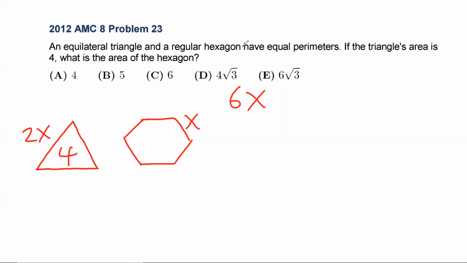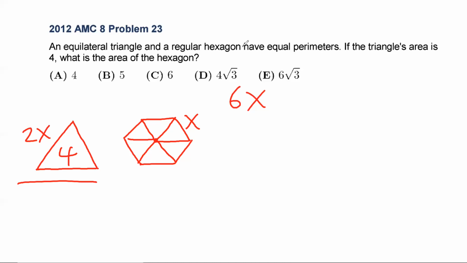So if you try to take apart a hexagon, you'll notice that a hexagon is just 6 smaller equilateral triangles, right? And each of those tinier equilateral triangles has a side length of x, and our triangle here has a side length of 2x. So that means that those two triangles are similar with a side ratio of 1 to 2.